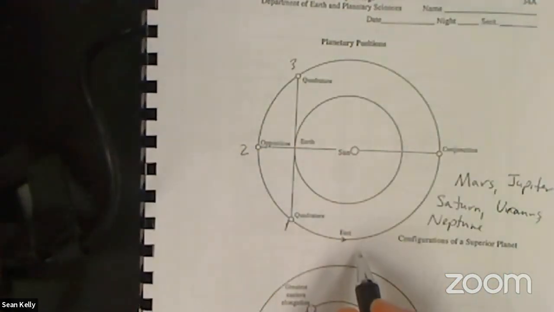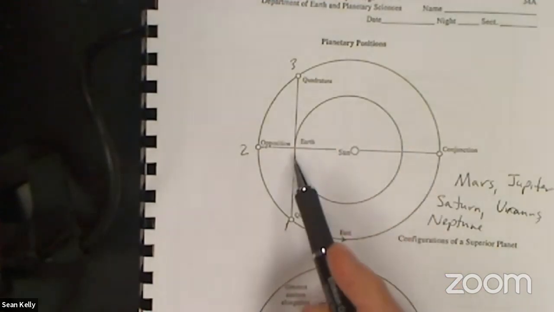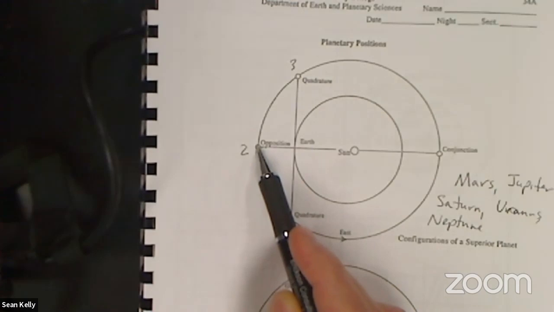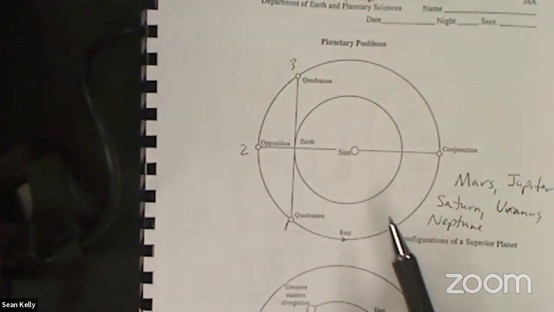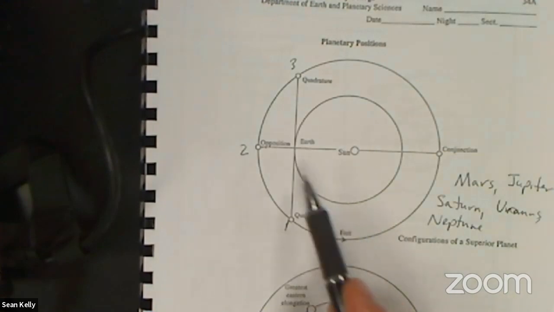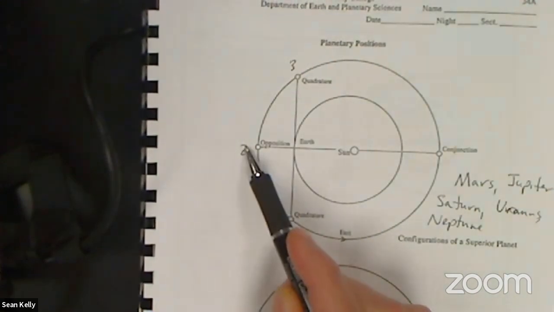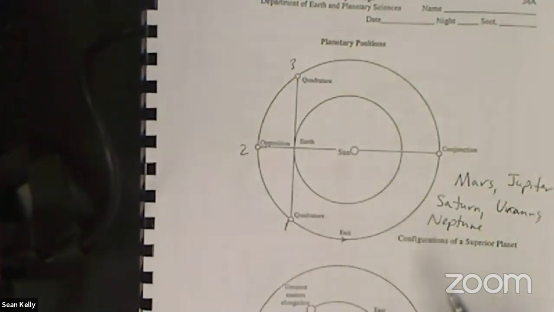Does that make sense? From our point of view on Earth, we see the planet coming. We pass the planet, and then we have passed the planet already. It's behind us. So from our point of view on Earth, this happens first, this happens second, this happens third.